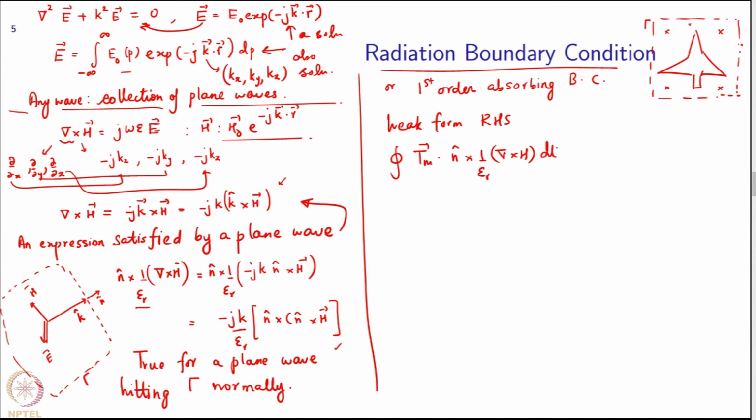This is what I had earlier, and this is the exact form. Now what am I replacing it by? I am replacing this by Tm dot this whole expression, so n cross h minus jk by epsilon r dl.